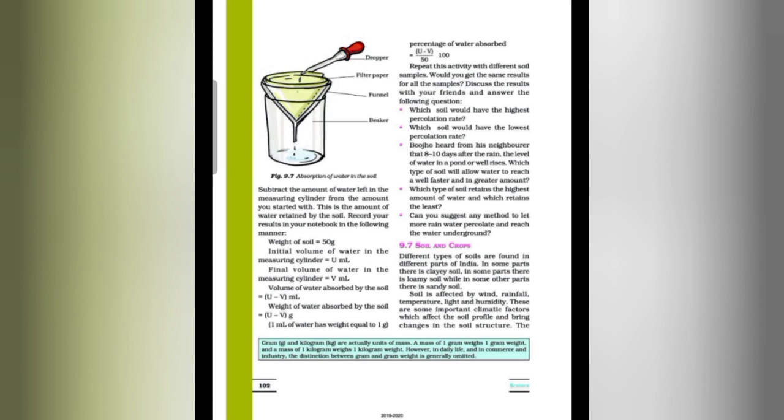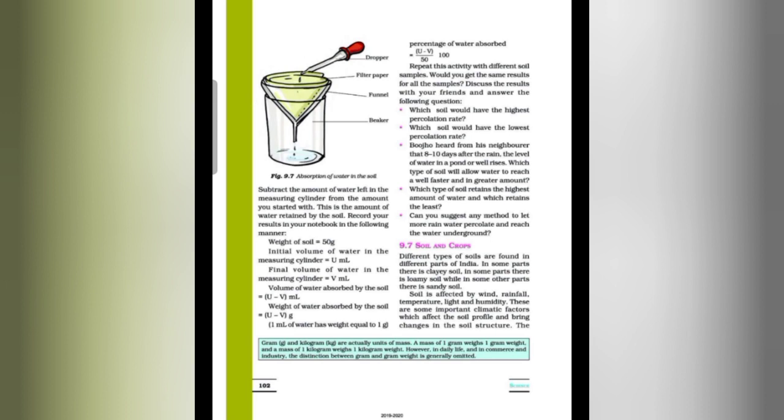Suppose we have already taken the weight of the soil, that is 50 gram. Then we have taken the volume of water in the funnel, that is 50 ml. Then the volume of water collected in the cylinder, we have to measure.